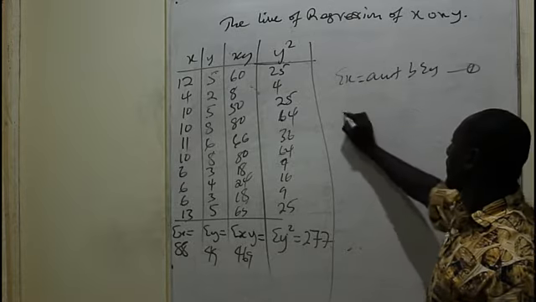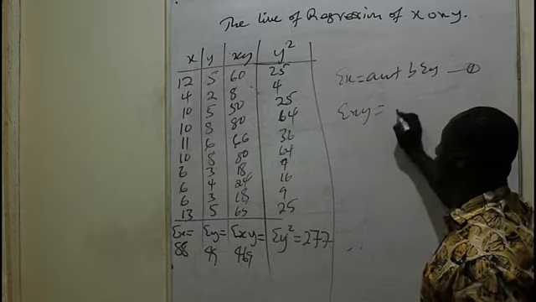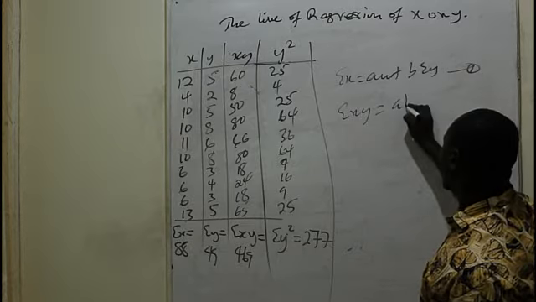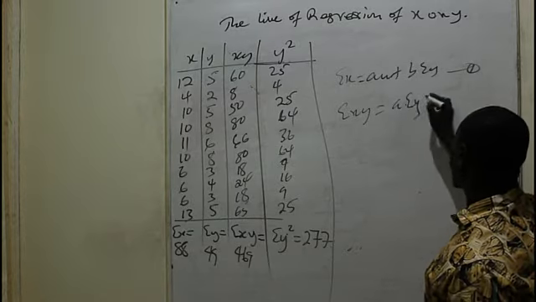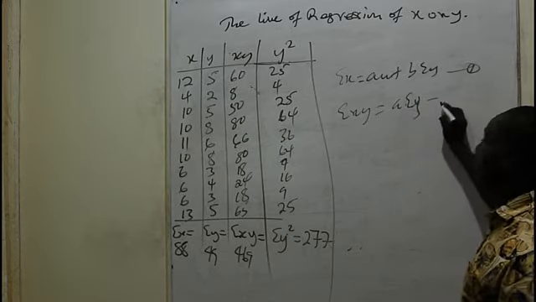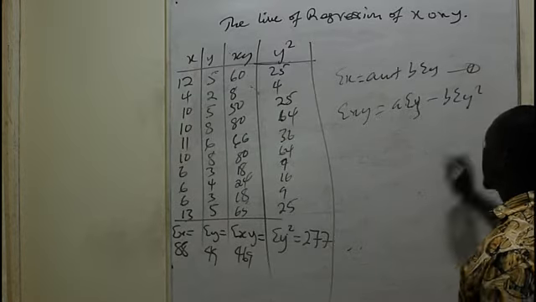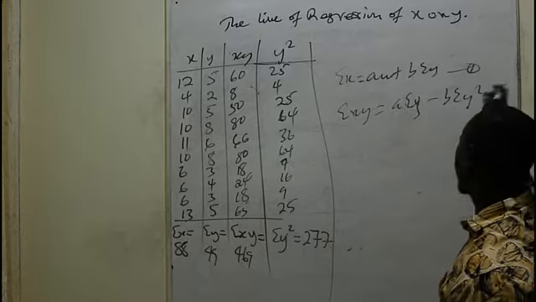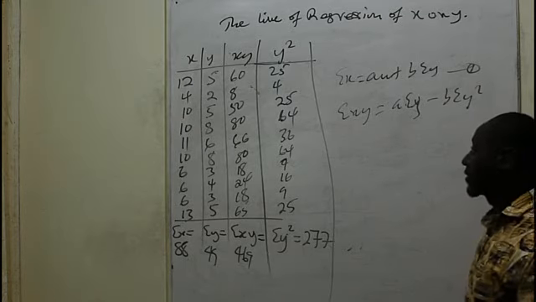That is equation 1. We have summation of xy equal to a summation of y plus b summation of y squared. So we can substitute the values into that to get the two equations and solve them simultaneously.